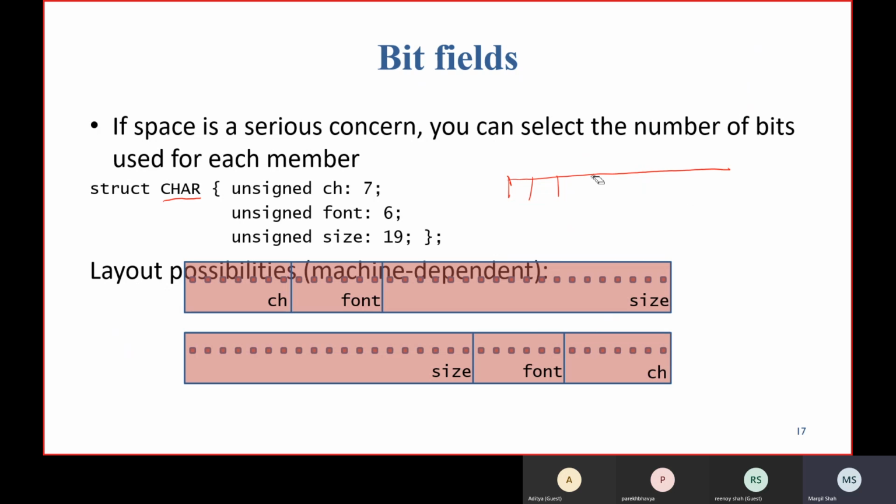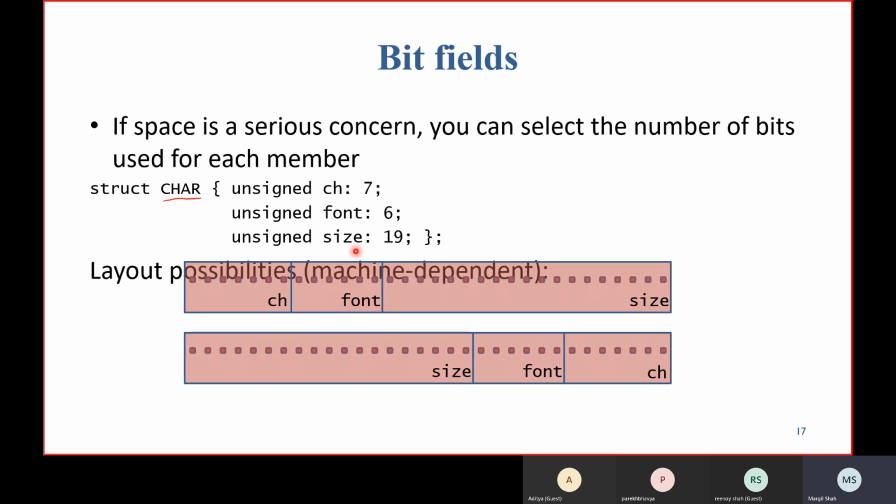Okay, here we are doing a layout possible machine. So here ch, how many bits are there? That is 1, 2, right? This is 1 2 3 4 5 6 and 7.